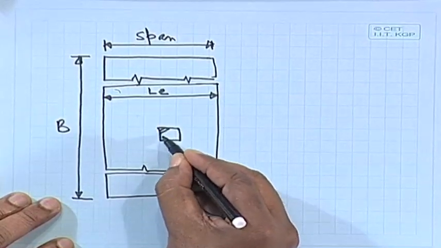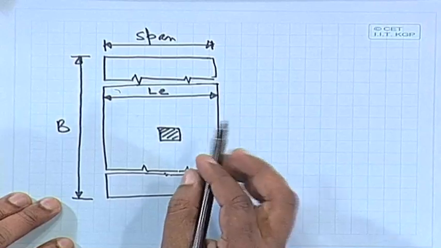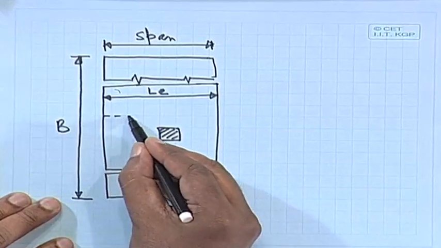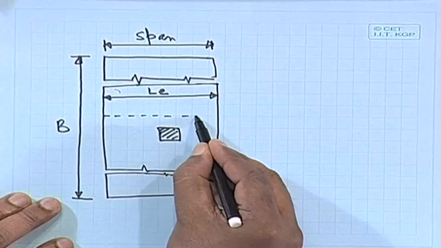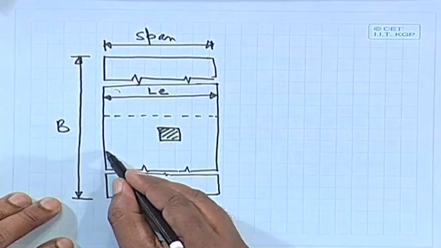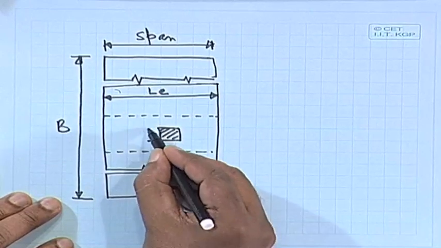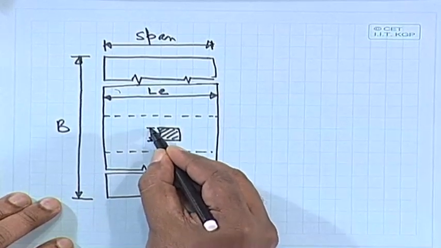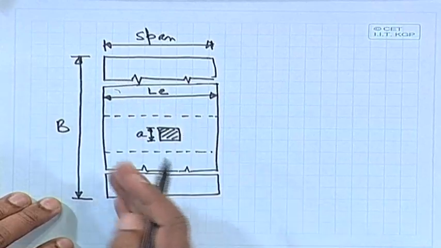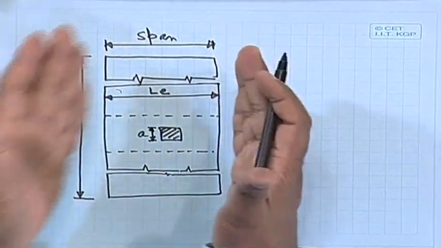This is our impression, either from the tire or any other concentrated load, and after dispersion we get this. This is our A. This is the support, and span means this span.